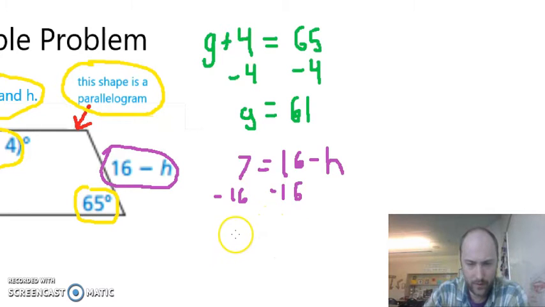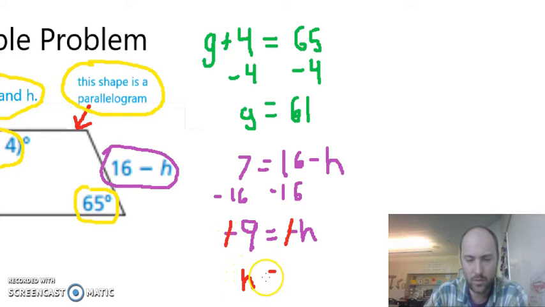And we are left with, oh, we got one more step. So we got negative 9 equals negative h. And divide both sides by negative 1, or essentially just cross off our negative signs on either side. So h is equal to 9.